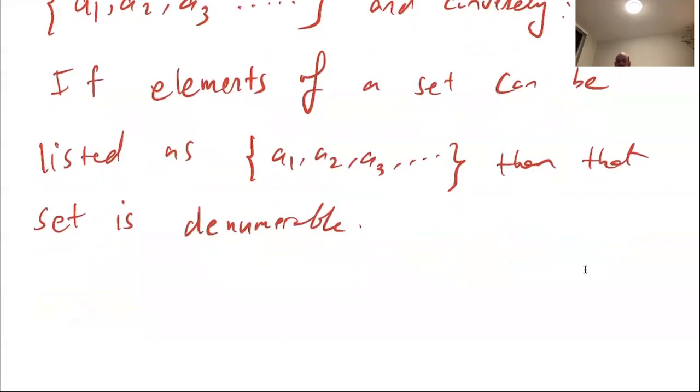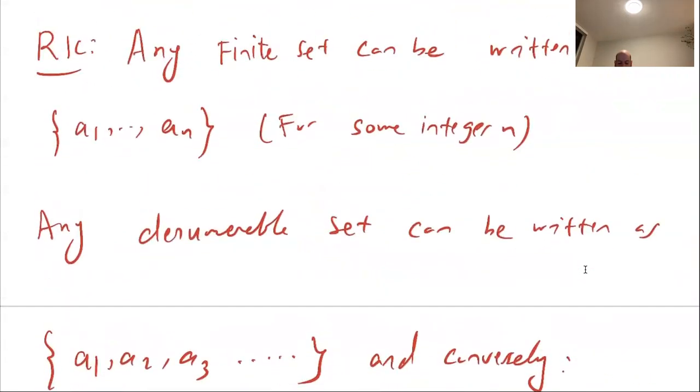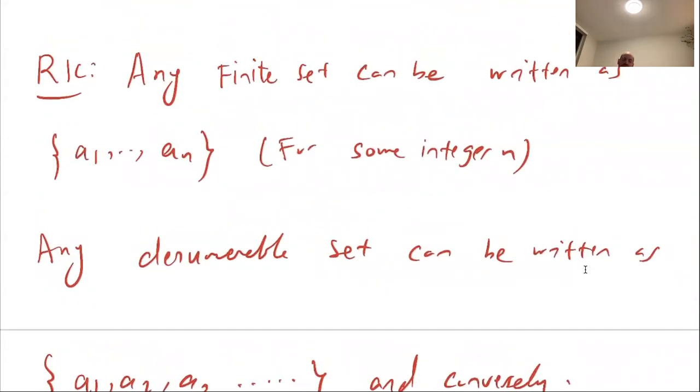Okay, so this is the remark. Any finite set, of course, can be written as A1 to AN, and of course, the converse is also true. If you have a set of the form A1 to AN, it is of course finite.